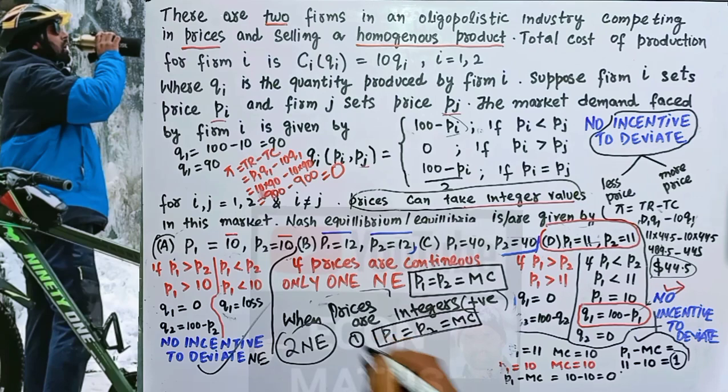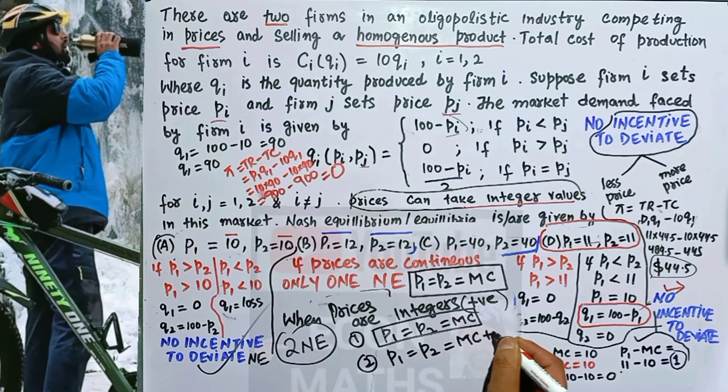This is one Nash equilibrium. And the second Nash equilibrium is when P1 is equal to P2 is equal to MC plus 1. When both the firms charge a price 1 unit greater than the marginal cost, that will also be our Nash equilibrium.